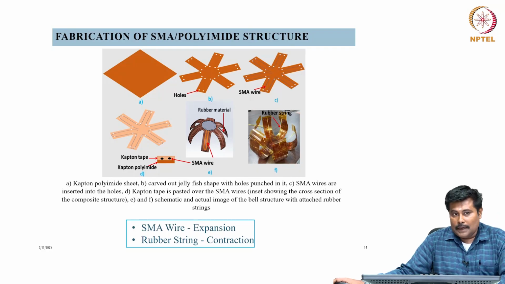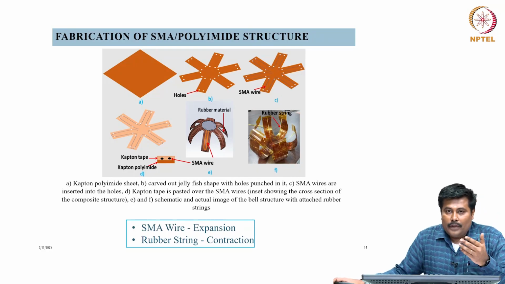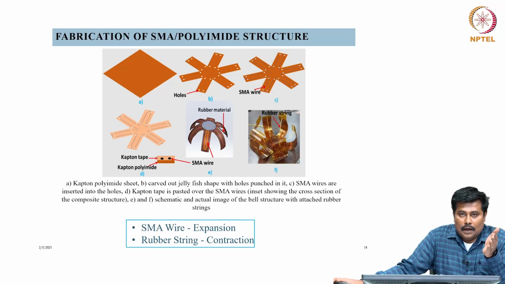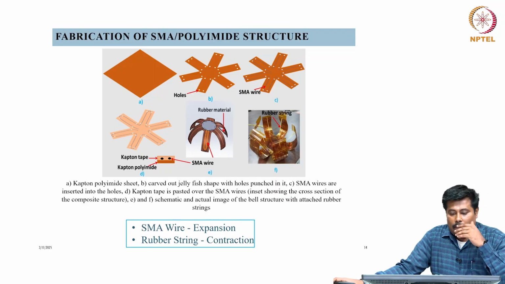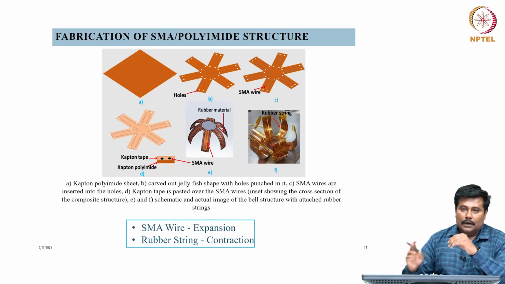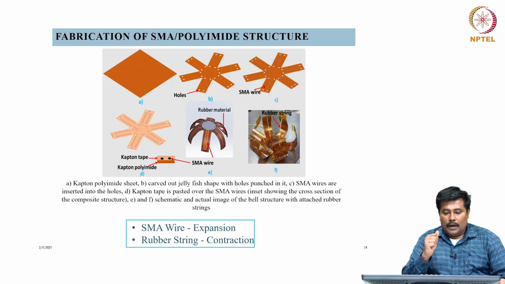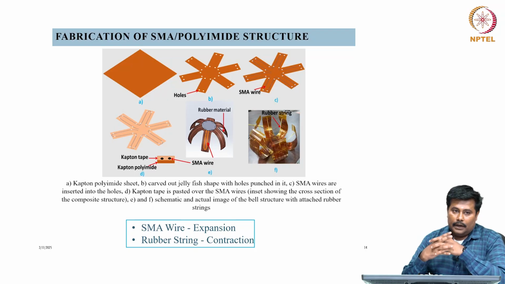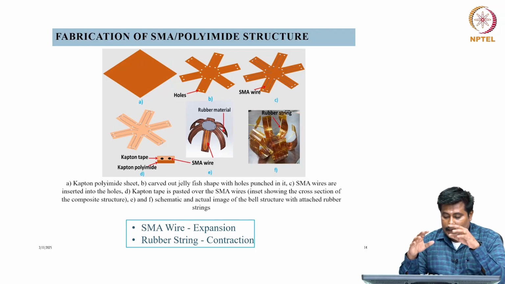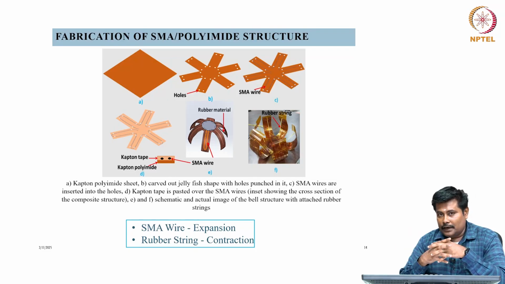Now, let us take one more example. Since we are discussing the bending moment in the system, let me discuss one important case study. In this case study, we were involved in establishing a jellyfish kind of structure.